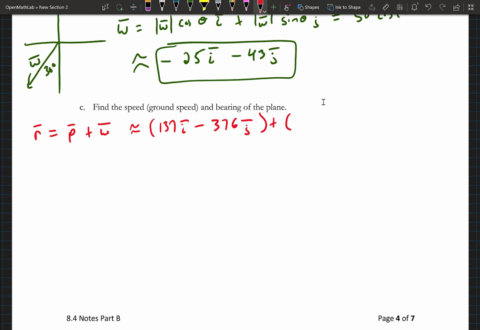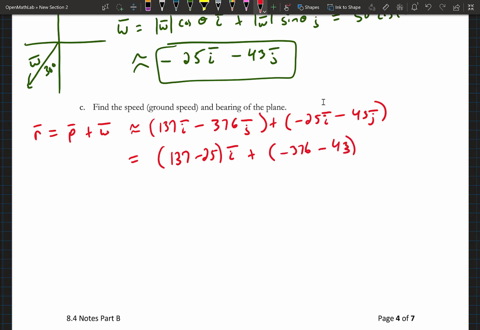And then vector w was negative 25i minus 43j. So just combining like terms, this would be 137 minus 25 times i plus negative 376 minus 43 times vector j, which equals 112i minus 419j. Right? So this is vector r.